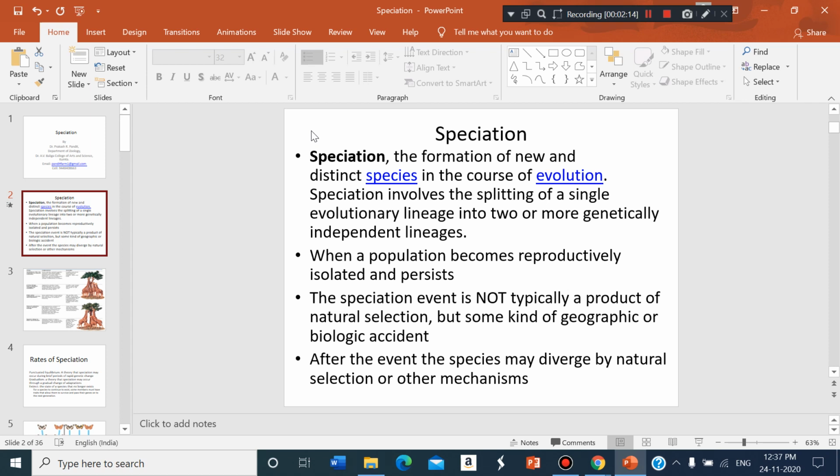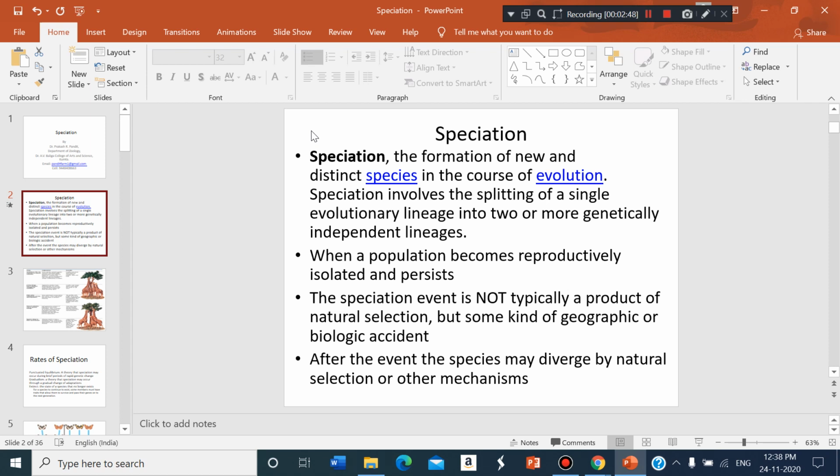Generally, the process of speciation involves splitting a single evolutionary lineage into two or more genetically independent lineages. From one single lineage, or one common ancestor, we split. One common ancestor means the gene pool of the ancestor. That single gene pool splits into two or more genetically independent lineages.